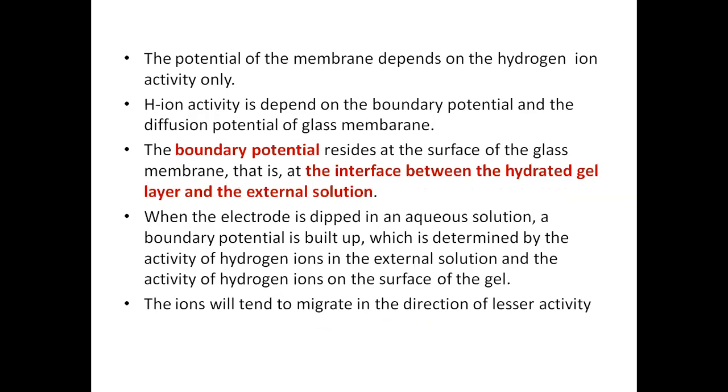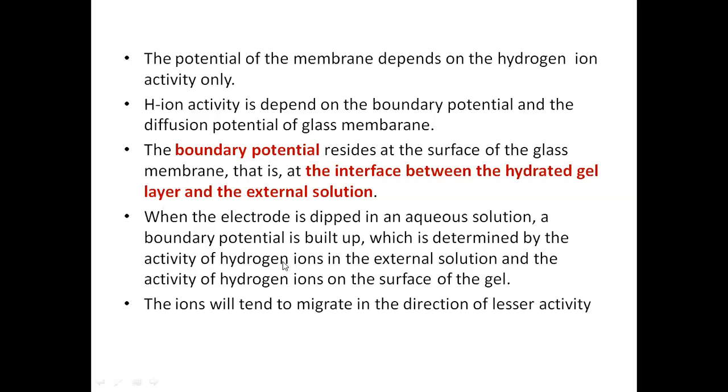So when the electrode is dipped into the aqueous solution, a boundary potential is built up, which is determined by the activity of hydronium ion. Now see, here only one ion is important, which is the hydrogen ion. The whole mechanism of this glass electrode is based on the activity of hydrogen ion.